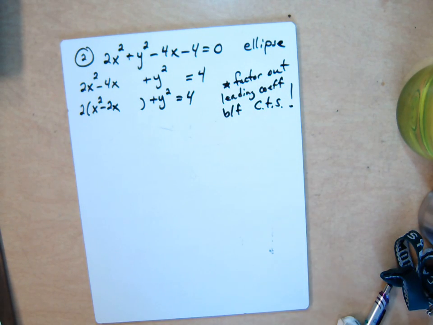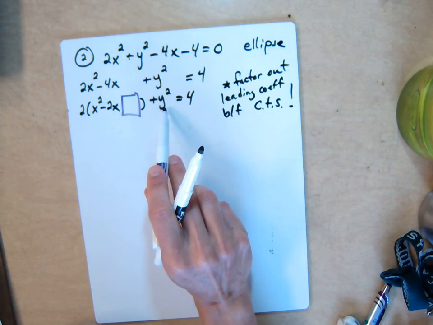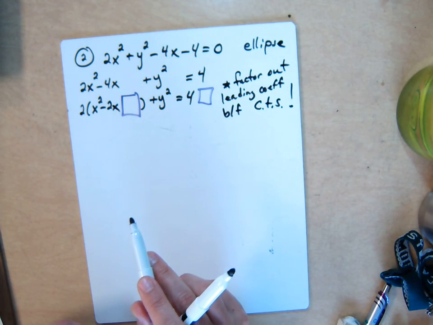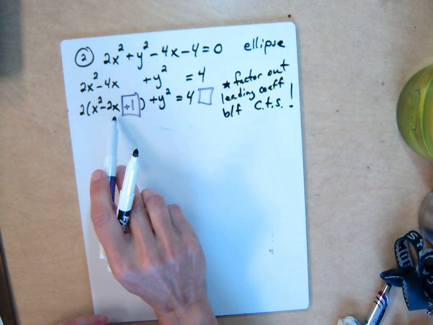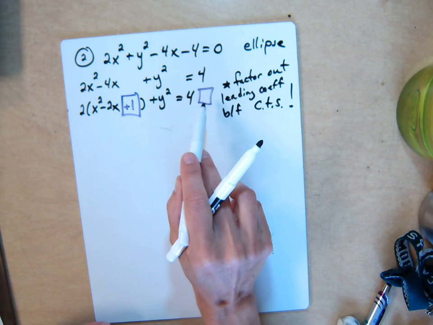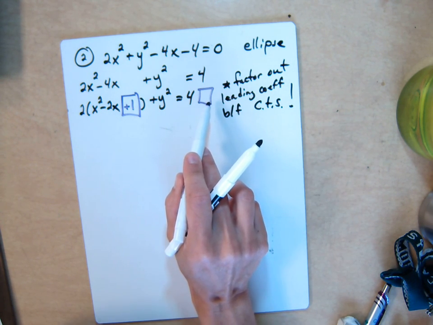Now you have to be careful because of that when you complete the square. We only have to do it once. Here we don't have to do anything because it's just alone. So what number do we add here? Just like before, half of -2, -1 squared, is +1. But to balance the equation, you don't just add 1 here.